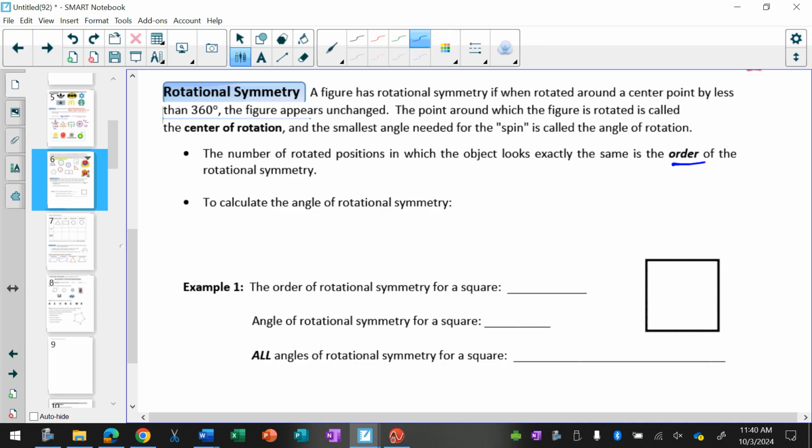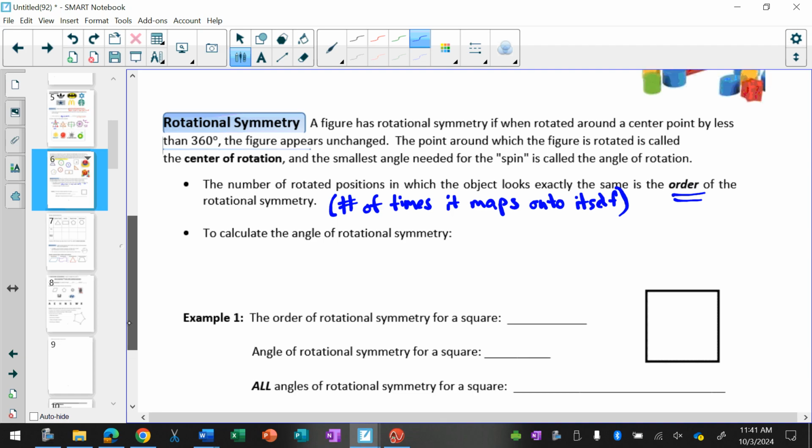First word is order. The order is the number of rotated positions in which the object looks exactly the same. That means the number of times it rotates onto itself. The number of times it maps or rotates back onto itself. Now this is the number of times it maps onto itself within one full spin of 360 degrees.